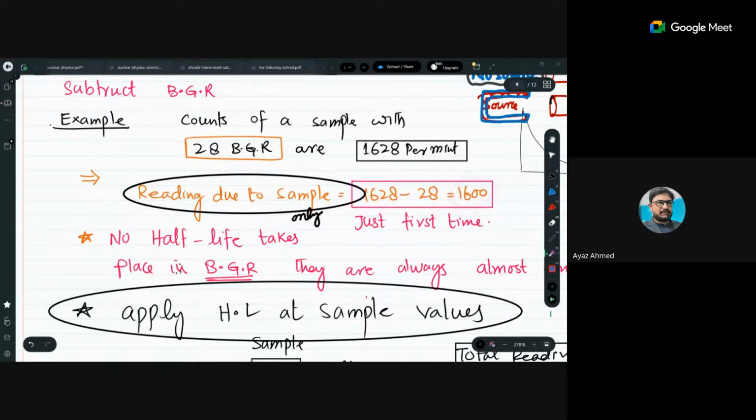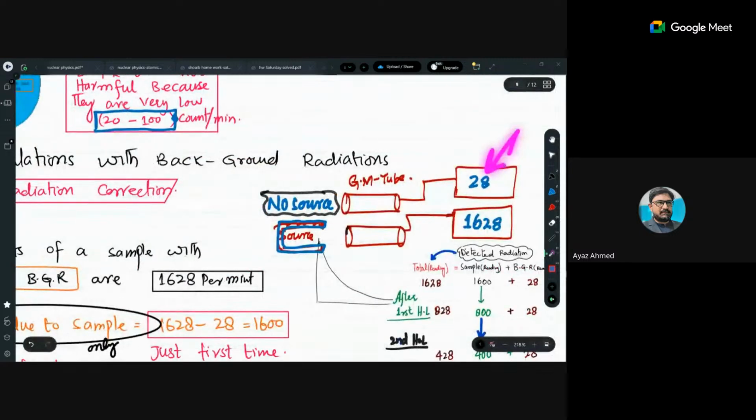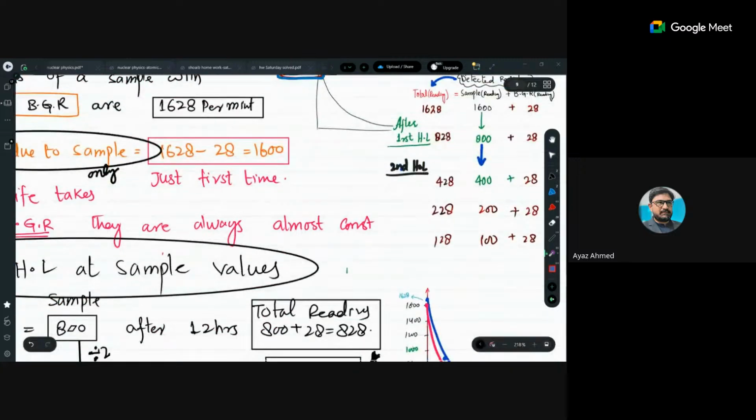So you got again 1600. This is correction. Simple. So correction आपने ऐसे करनी है, आप कोई सोर्स नहीं रखें और काउंट रेट नोट कर लीजिए. Then place the source and note down the count rates. Then subtract them. Simply. It is the correction. Is it clear to all?